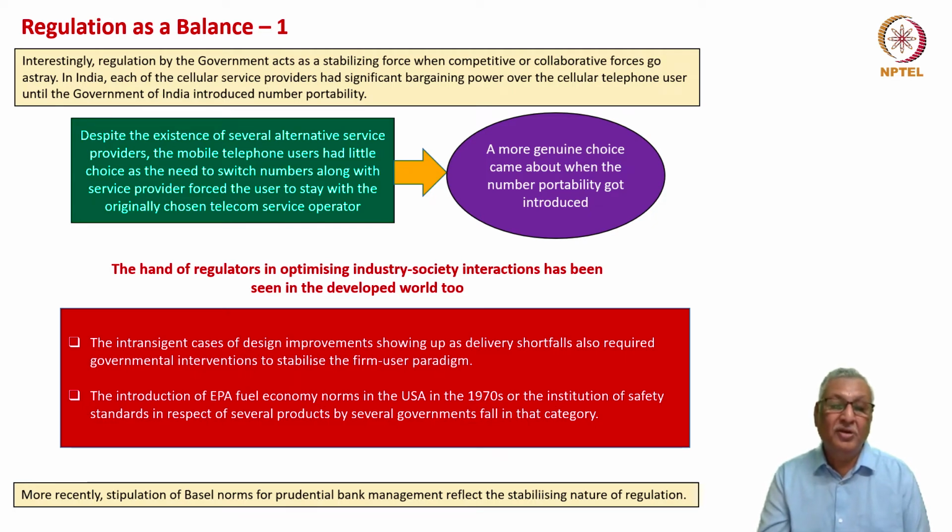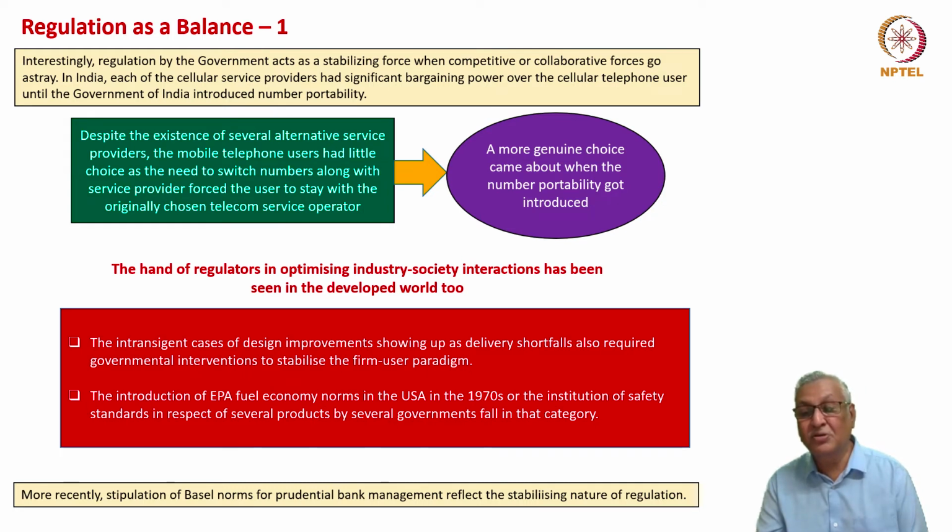The EPA fuel economy norms that were introduced in the USA in the 1970s, particularly from the West Coast, the state of California, or the institution of safety standards in respect of several products by several governments across the globe fall into that category, where the government stepped in to enhance the safety standards or performance standards and made the industry raise the expectations for itself and for the customers.